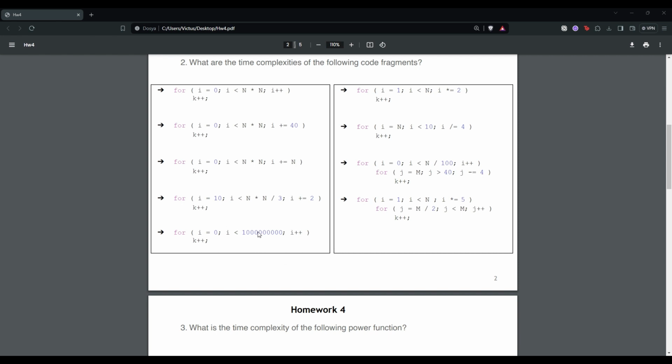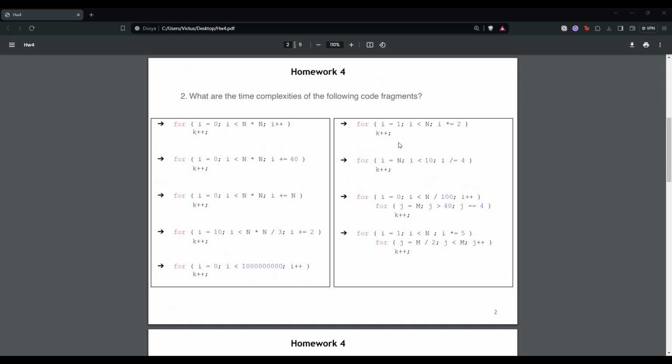In the fifth one, this loop iterates a fixed number of times. It's, I think, yeah, it's 1 billion times, irrespective of n. Therefore, the time complexity is O(1).